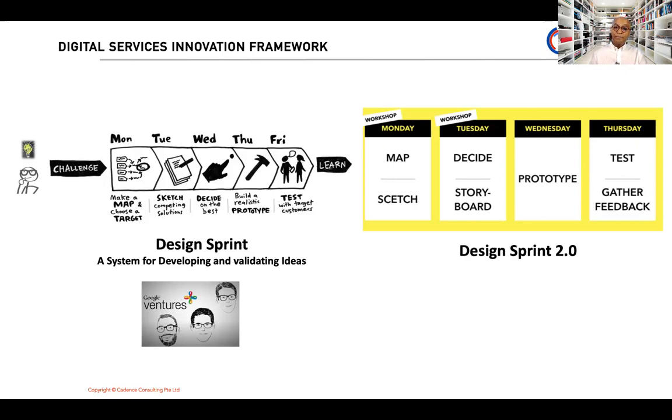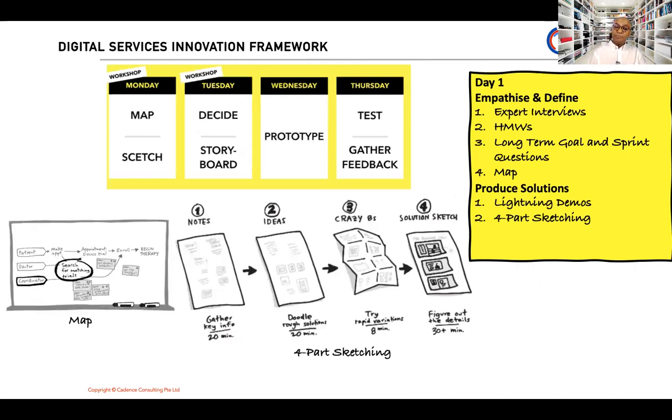On day one, the team builds empathy by talking to the experts in the domain and then gains clarity on the long-term goal and its challenges. Then it's time to map the entire process end to end and select the area to focus on.